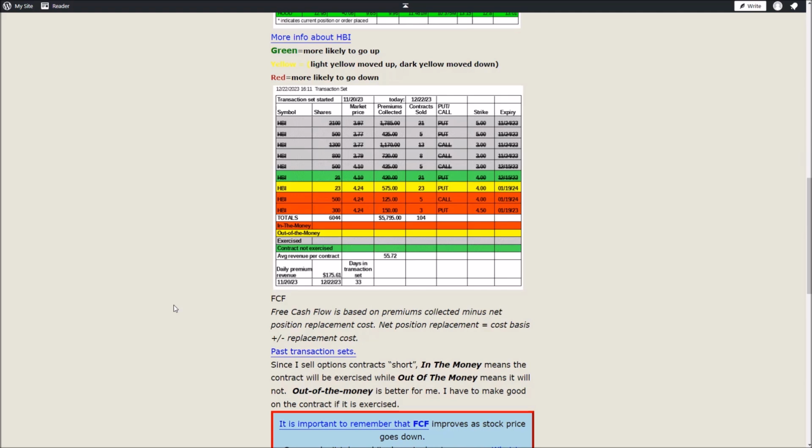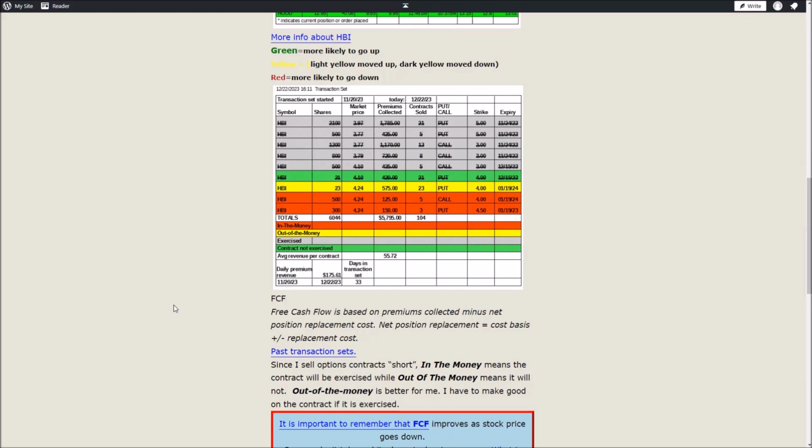If you look at this transaction set, which as of 12/23 is an active transaction set, you see it's been running for 33 days. I usually close out a transaction set when I'm all back in cash. That way I don't have to carry any trades forward into the new chart, new spreadsheet.